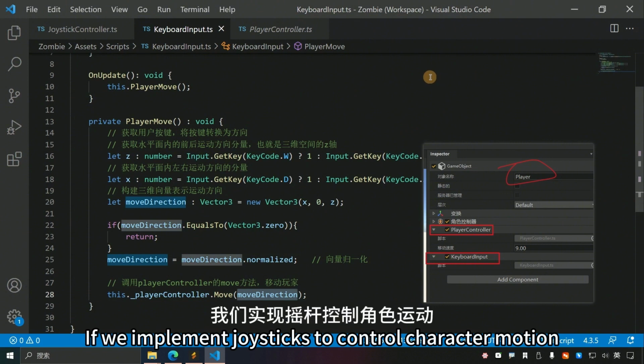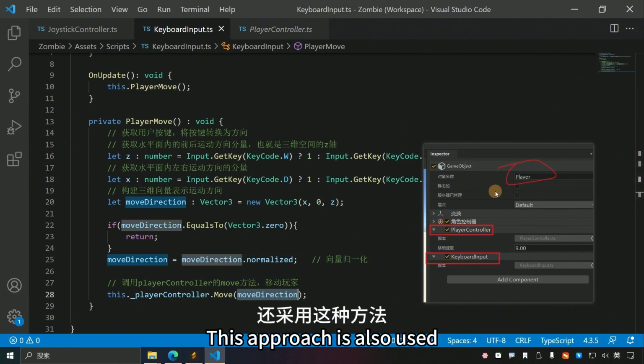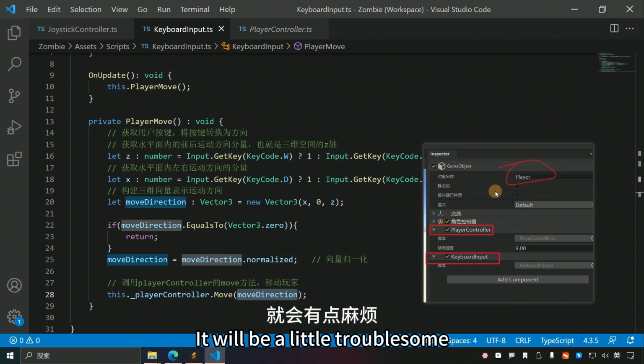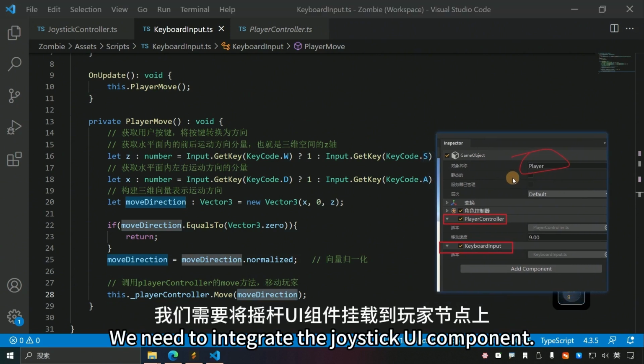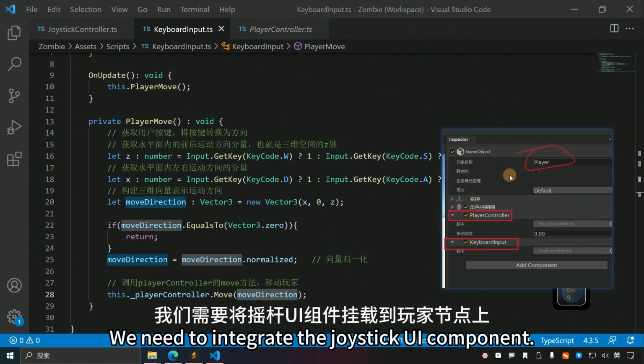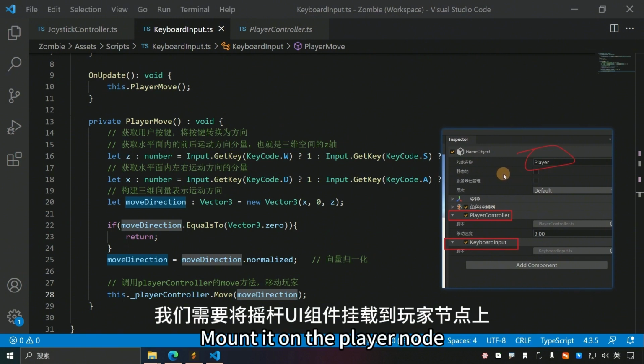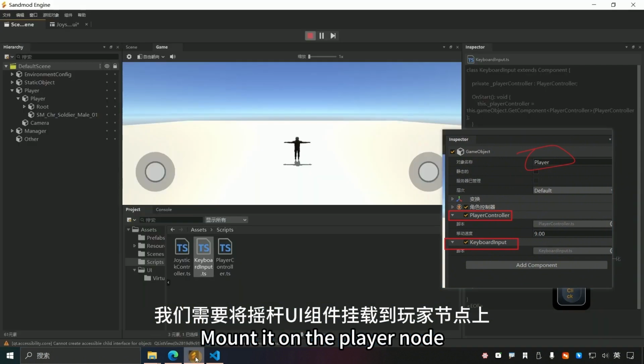If we implement joysticks to control character motion, this approach is also used. It will be a little troublesome. We need to integrate the joystick UI component and mount it on the player node.